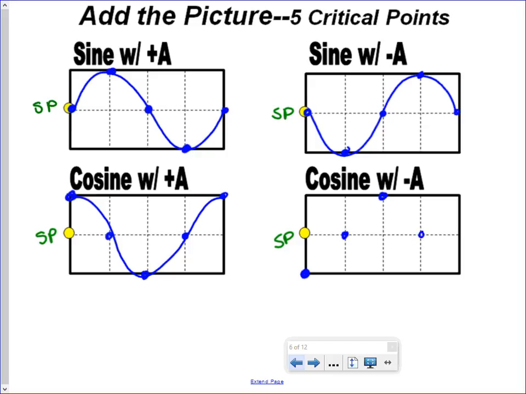And your maximum happens in the middle of your frame. So you can use these 4 pictures to kind of help you, like these are the 4 graphs we should really see within our frames.